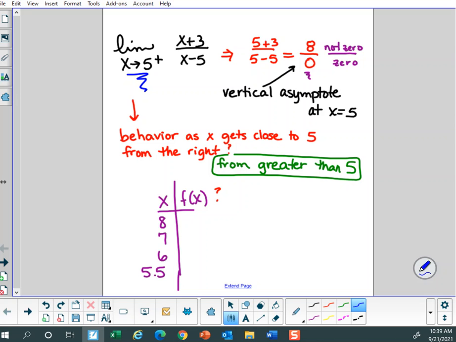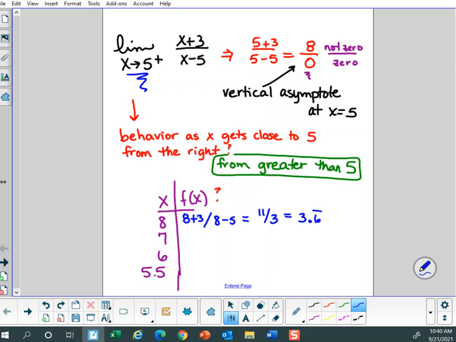Now, this part's a lot of crunching of numbers. 8 plus 3 divided by 8 minus 5 is 11 over 3, which is like 3.6 repeating. It's 3 2/3. It's almost 4.